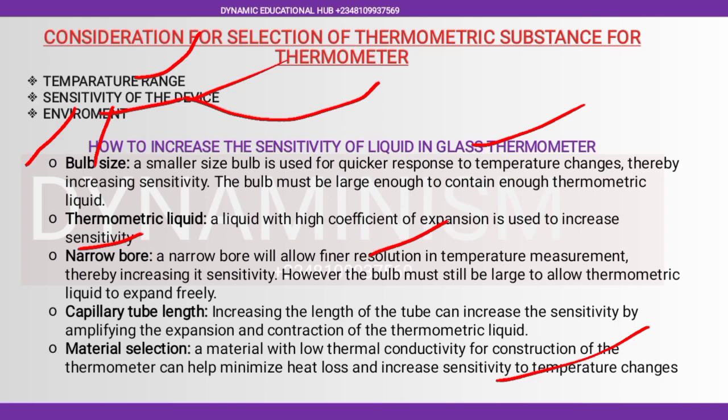What I'm saying is, low thermal conductivity means that that material cannot absorb too much heat. So as you are using it to measure, it is responding quickly, compared to a substance that has high thermal capacity, which will just be absorbing the heat.